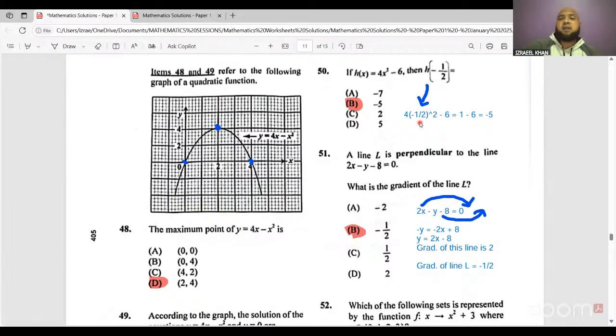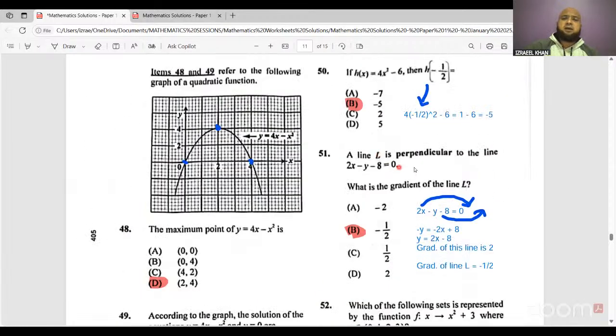Subtract 6, you get minus 5. That'd be B as in bat.